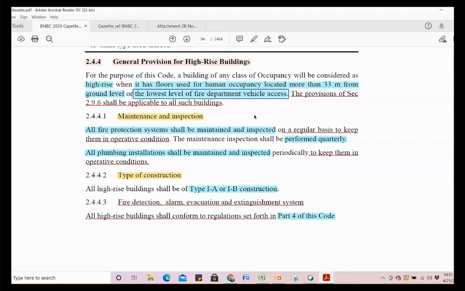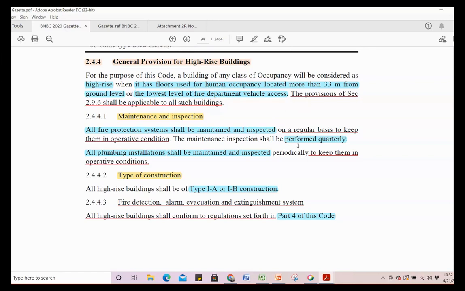So actually it is contextualized in cities where we have a fire department with large fire ladders. The first definition will be applied, and for towns and secondary cities and tertiary cities where the fire department's vehicles cannot access a huge height, it will be determined by the fire department vehicle access level.